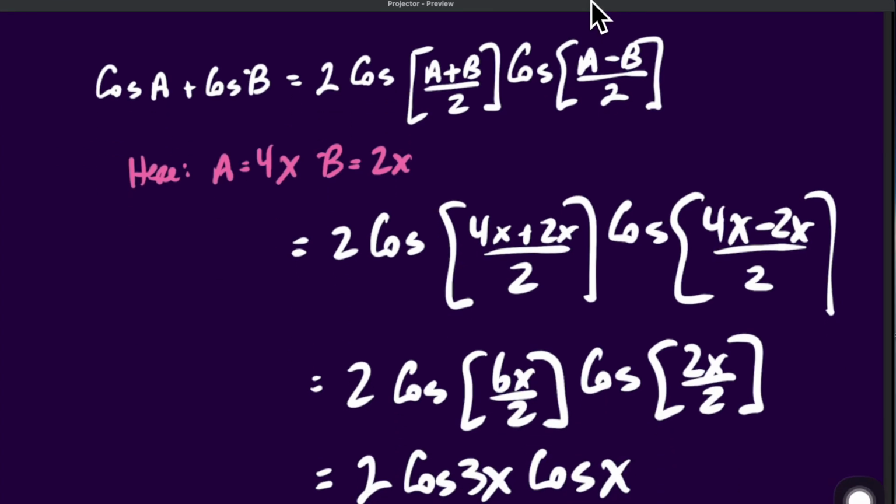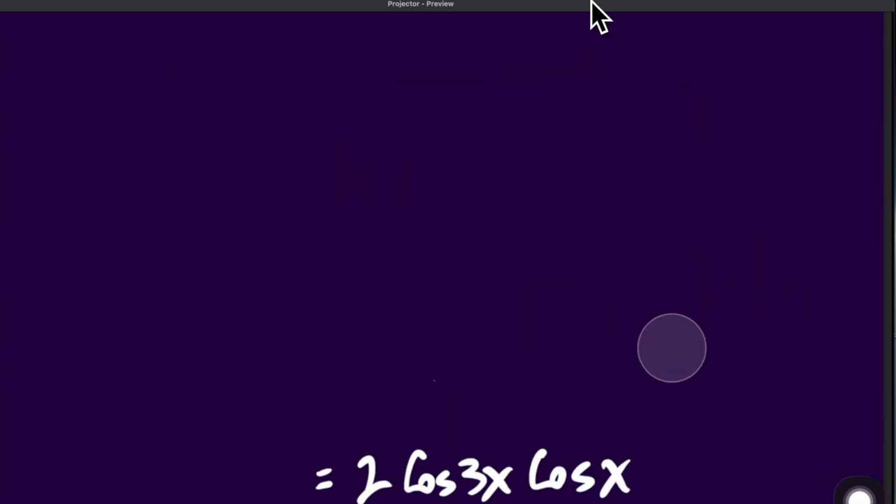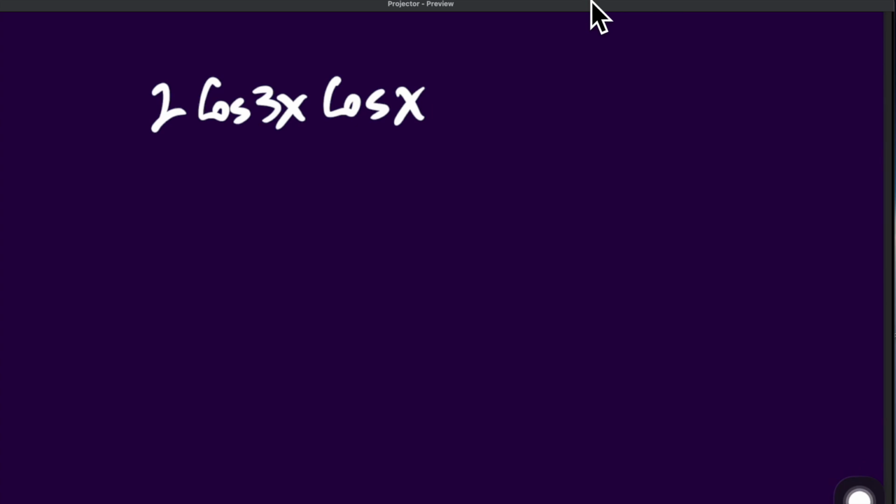So let's go ahead and make some room, and let's take this simplified function and set it equal to 0. If we divide both sides by 2, then the 2 goes away.